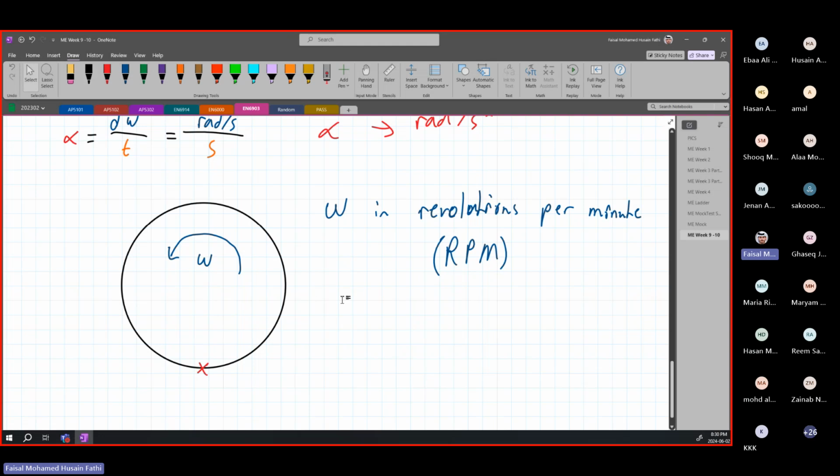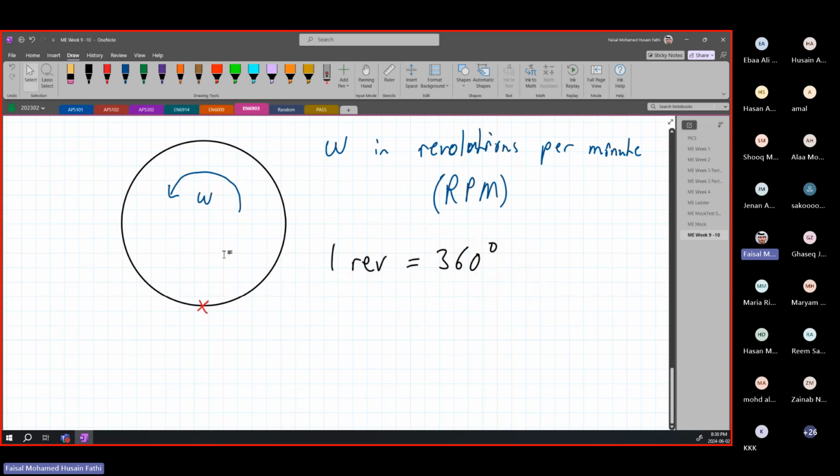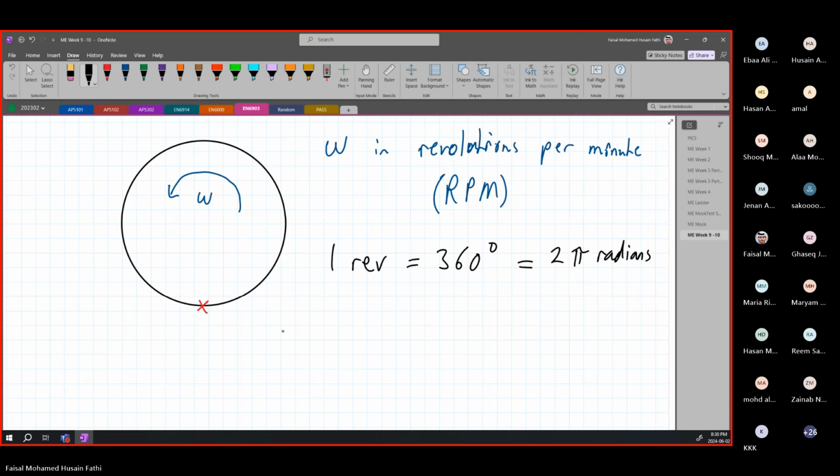This is what one revolution is. One revolution is equal to 360 degrees in terms of angles. Right? So 360 degrees is one complete full revolution. In terms of radians, it is equal to 2 pi radians.